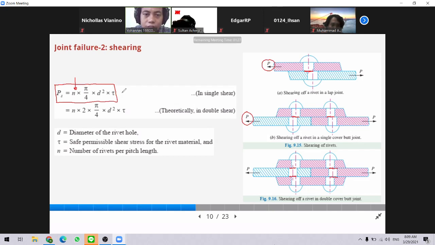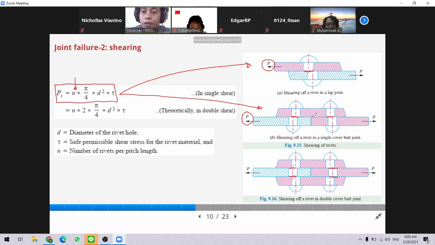For this first formula, it can be applied for single lap joint and single cover butt joint, so it depends on the number of rivets only.